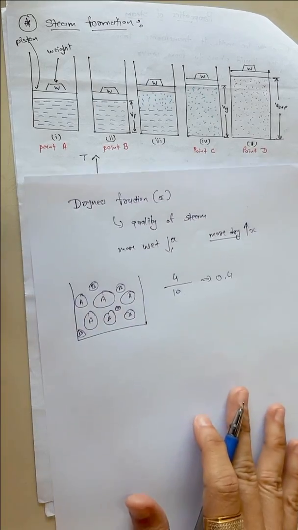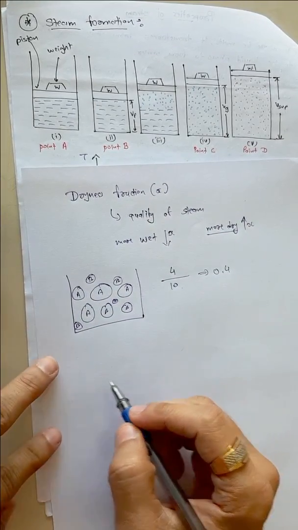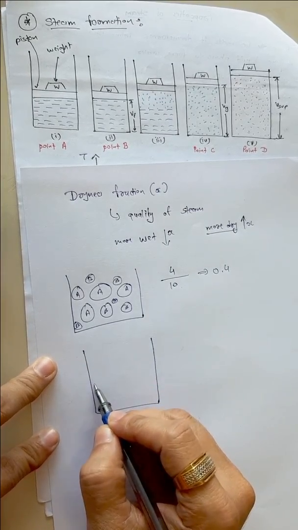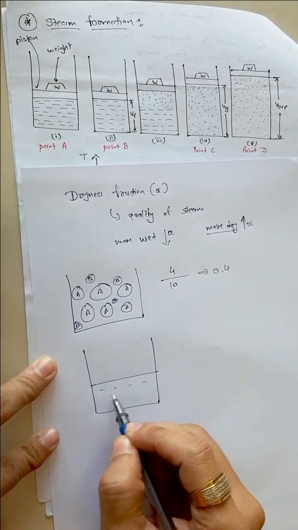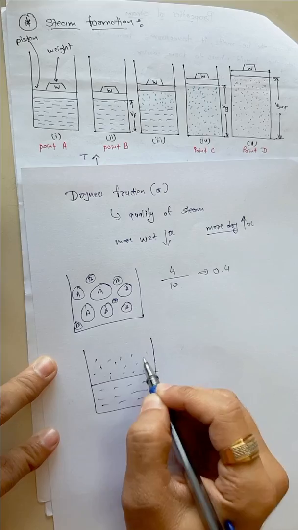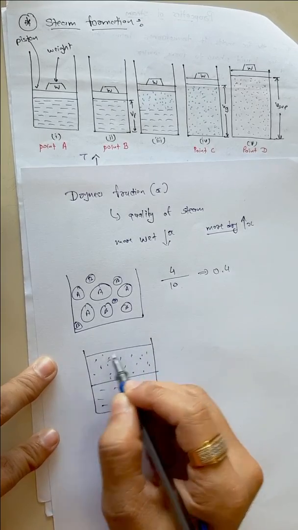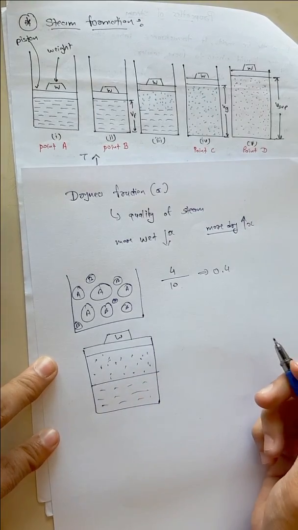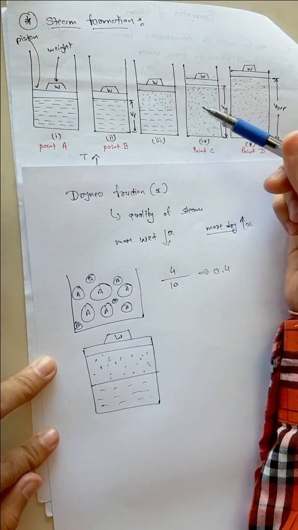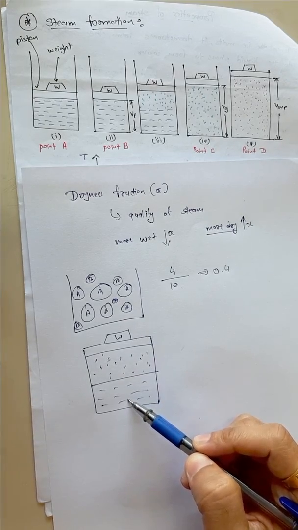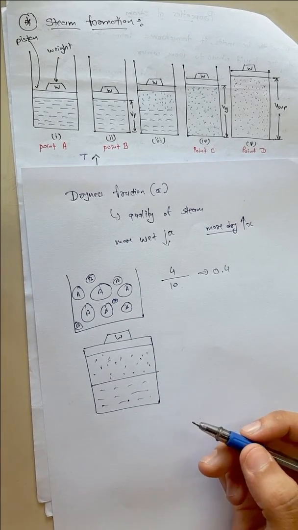Similarly, to find the dryness fraction, consider a system which has some portion of wet particles and some portion of dry particles. Consider this system, system number 3, which has some amount of wet particles and some amount of dry particles.